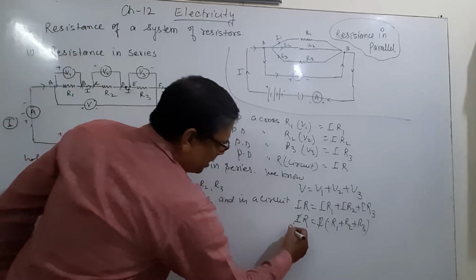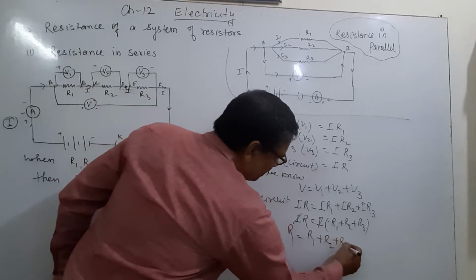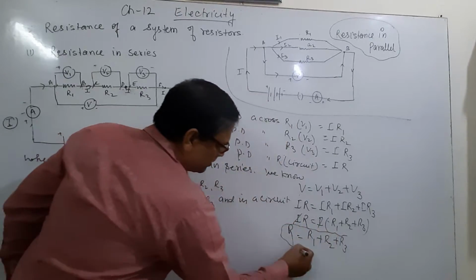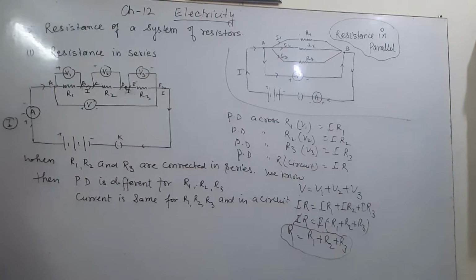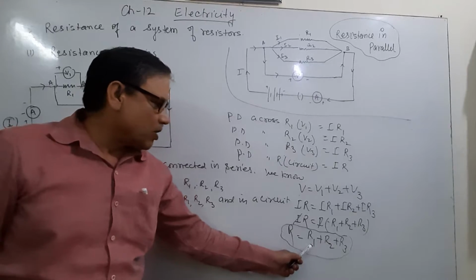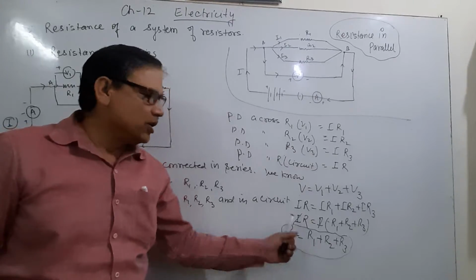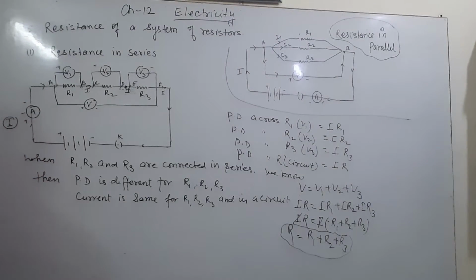And the result is R is equal to R1 plus R2 plus R3. This R is the total resistance across the circuit, which is equal to the sum of the individual resistances.